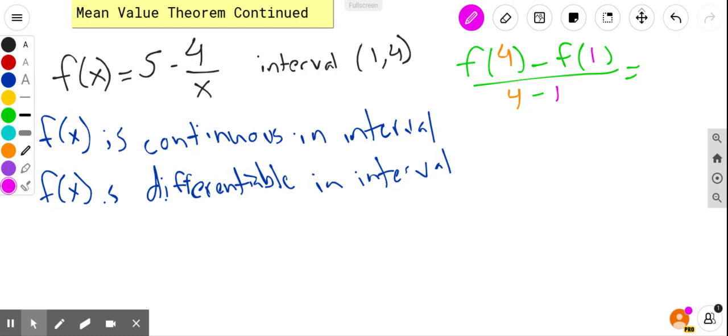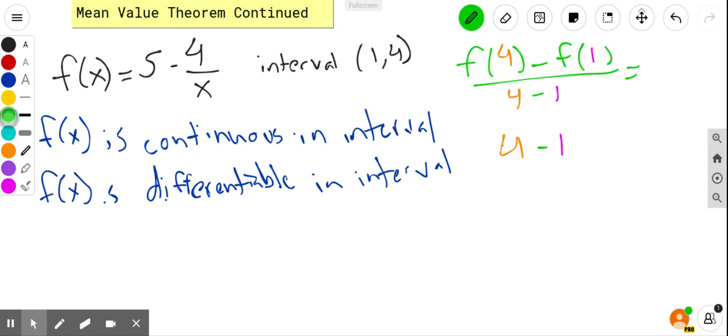Okay, so doing those calculations in your head real quick, 5 minus 4 divided by 4, 5 minus 1 is 4. So I have 4 minus, and then I do 5 minus 4 divided by 1 is 1.